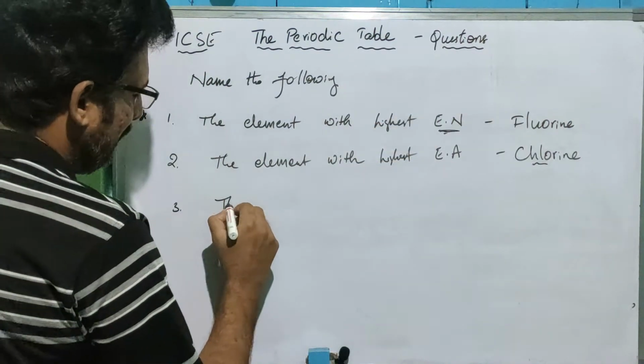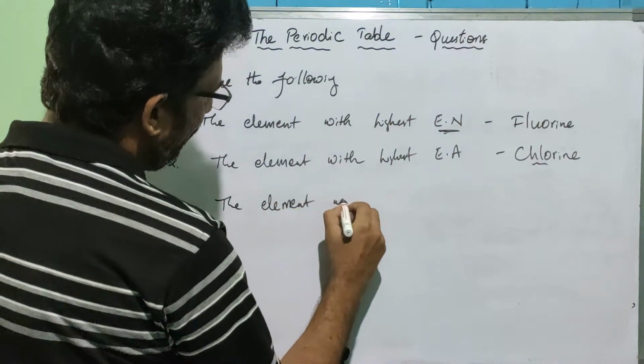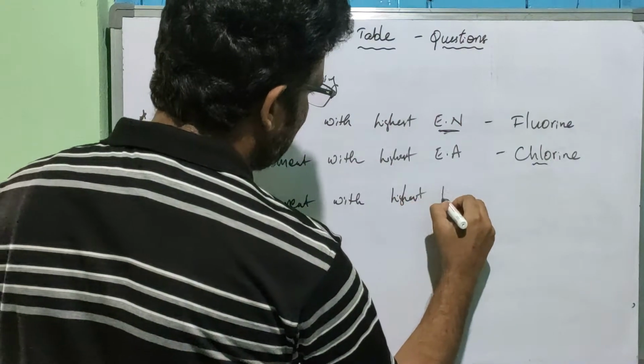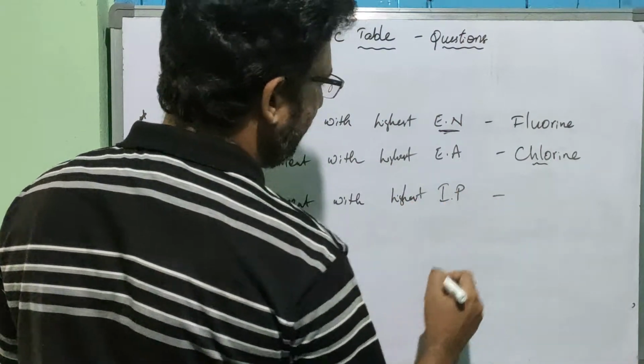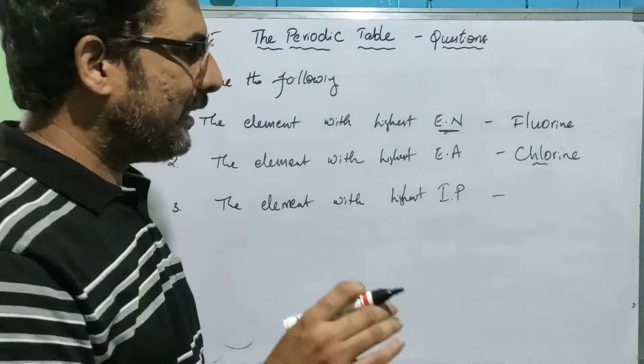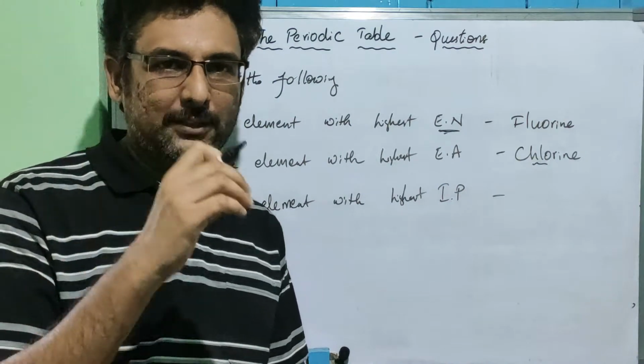And the element with the highest ionization potential. High ionization potential means the energy required to remove the electron from the valence shell.